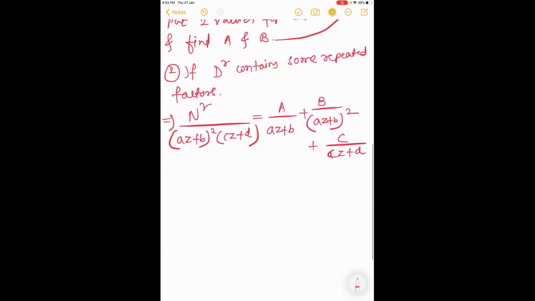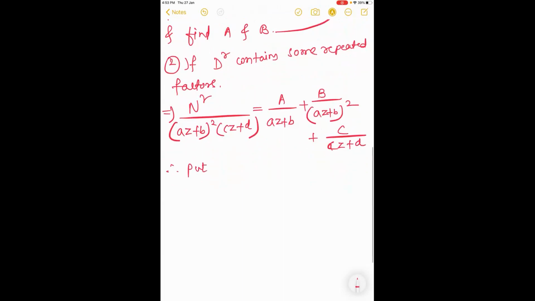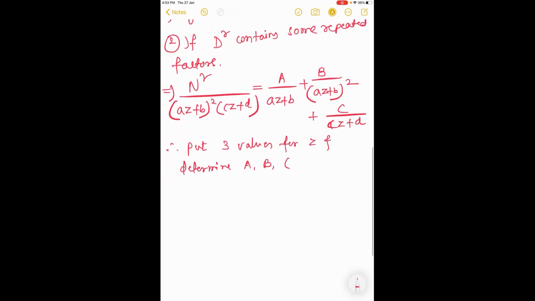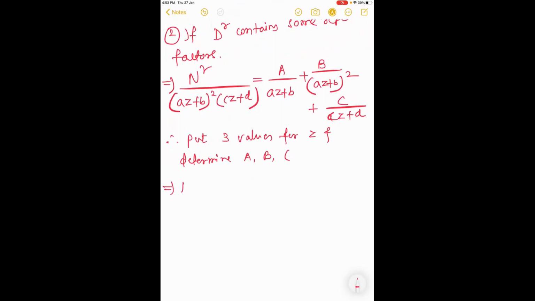Therefore put 3 values for z and determine A, B, C by equating the left hand side numerator to the right hand side numerator.